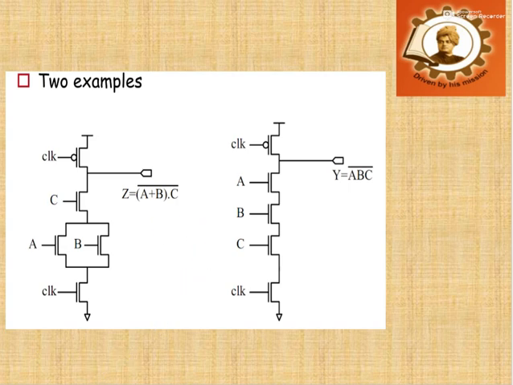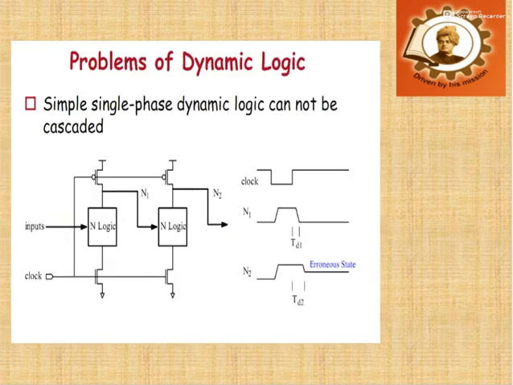Next, we move on to one problem we face in dynamic logic, the cascading problem. Suppose two dynamic logic stages are connected in a cascaded manner. Let's say that, due to the input combination, the value at node N1 is high.